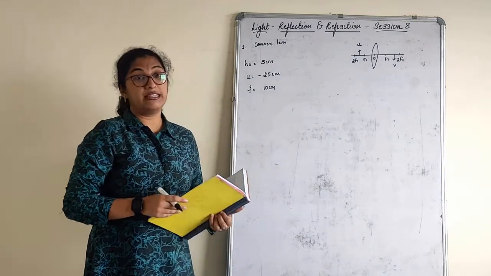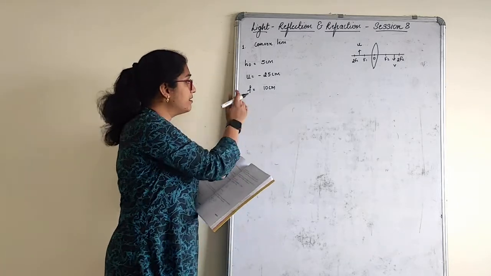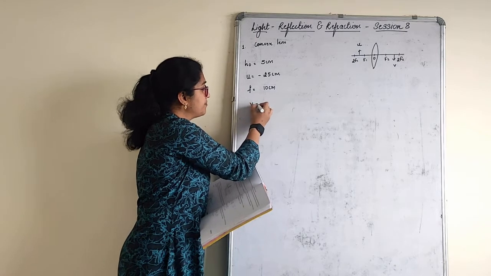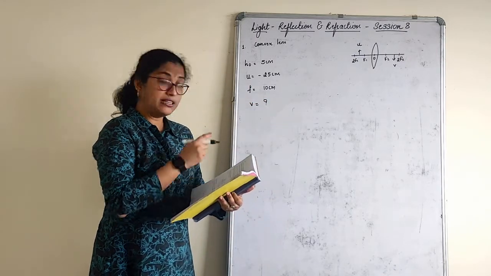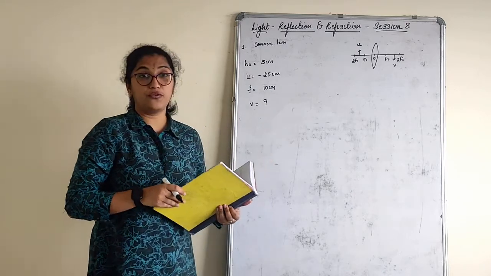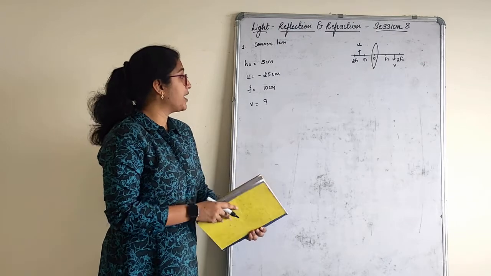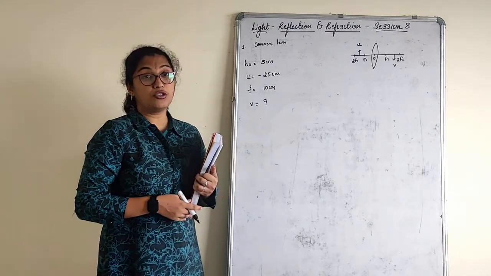Now this question tells, actually you have two ways to solve this question. We have to also find V. Draw ray diagram to find the position, size and nature of the image formed. Now at least we can assume where the position of the object is here. How do you know, children?